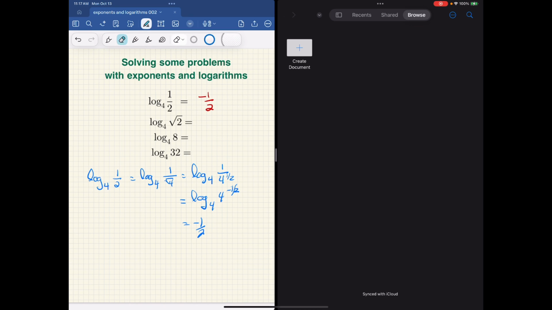Now let's regain for ourselves some calculating space here and take a look at the next one.